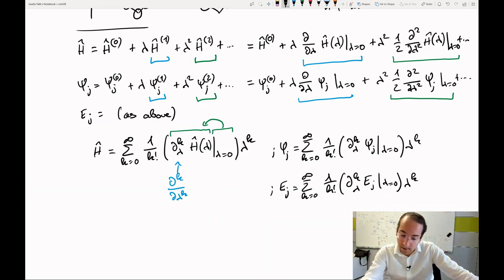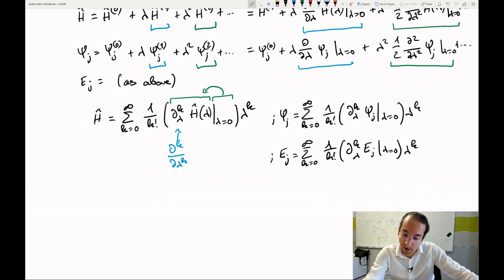Now, these things, in principle, under some assumptions, are sufficiently rigorous and smooth, in the sense that they can actually be Taylor expanded. You can't do the Taylor expansion on each and any function.